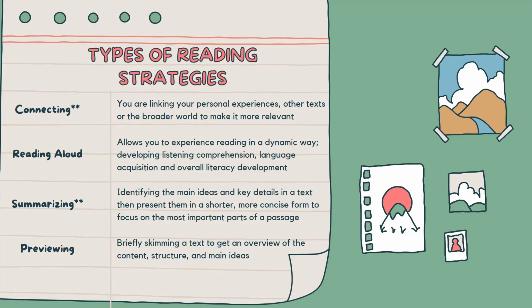You are learning new languages, you're learning how to say certain words differently, how to pronounce them, and overall, you're just improving how you can comprehend literature if you are reading aloud. So not only are you reading it, but you're using a lot of your brain in order to process that information.